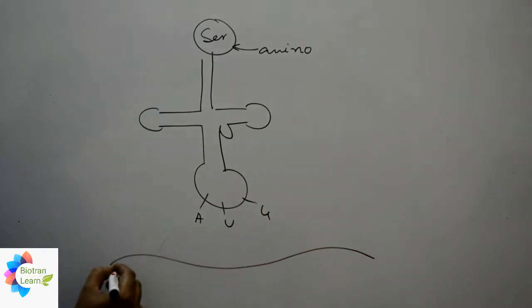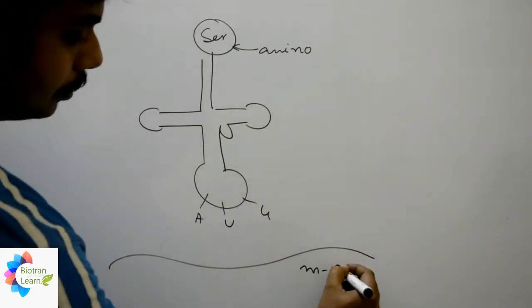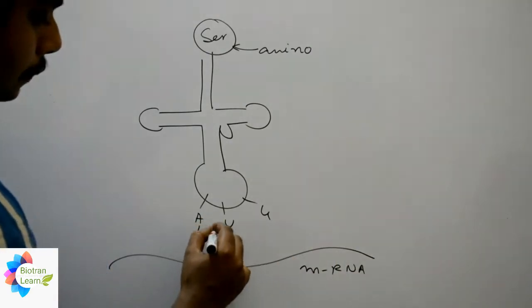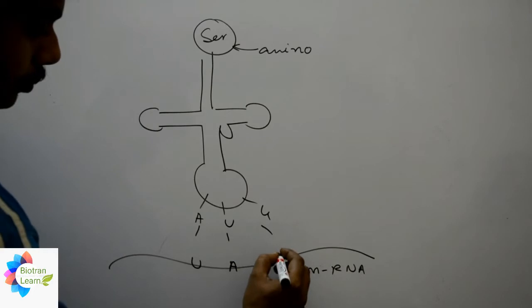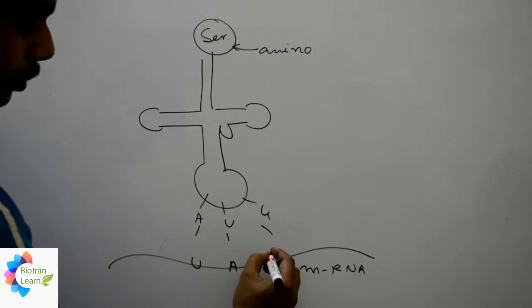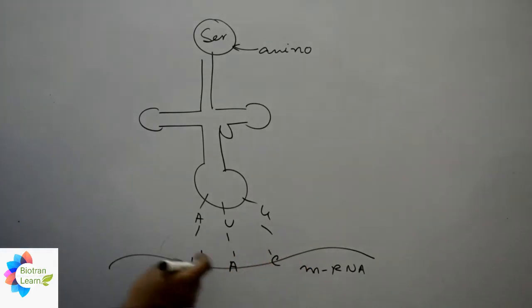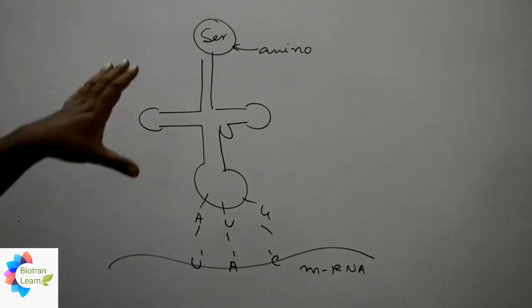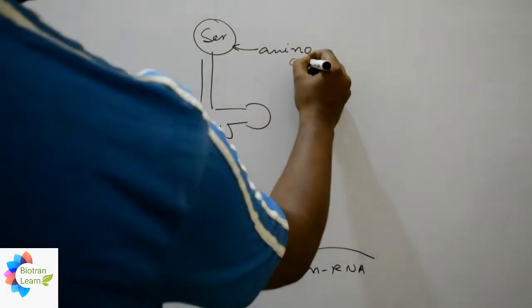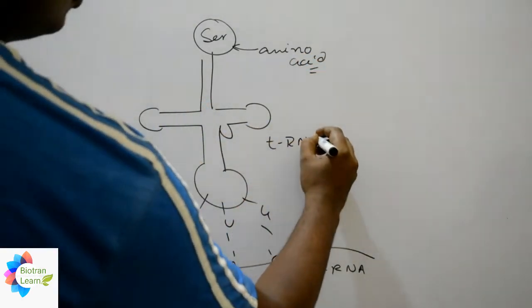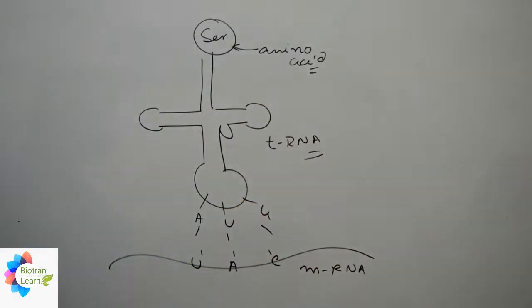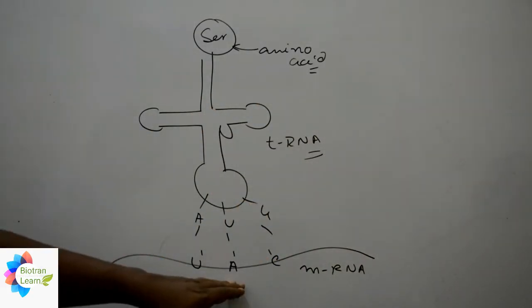And this is our mRNA strand. So we can see that there is a particular amino acid attached with this tRNA structure. A tRNA structure will not be readily accepted for this particular coding sequence.